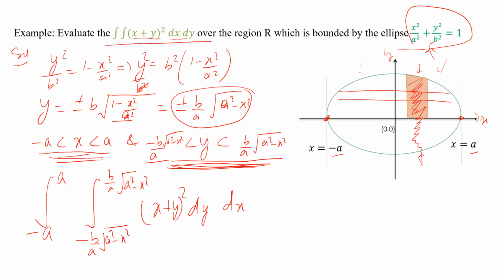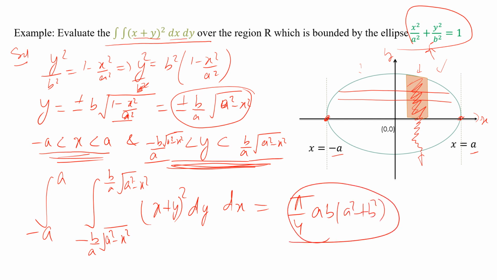And when you evaluate that integral, we get the value pi by 4 ab times a square plus b square. You can easily solve that integration. You just expand this: x square plus y square plus 2xy. So here this is an even function and that's an odd function. So you use the property of integration, even and odd, and then apply the limits minus a to a and evaluate. You get pi by 4 ab times a square plus b square.